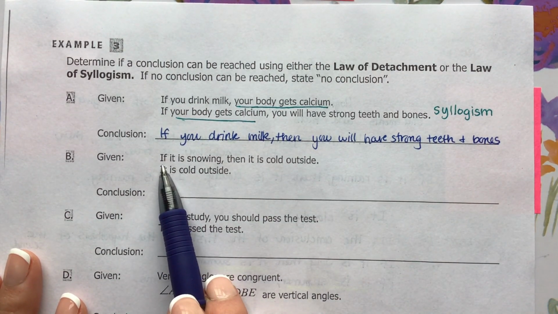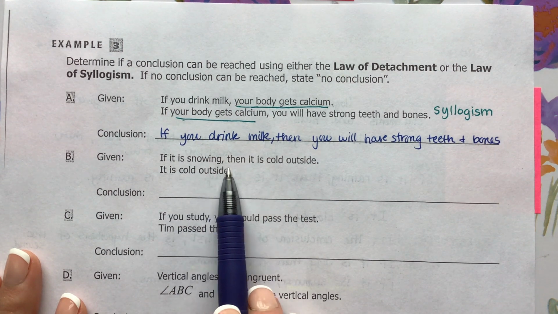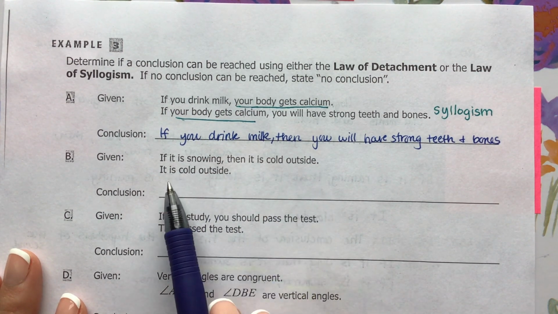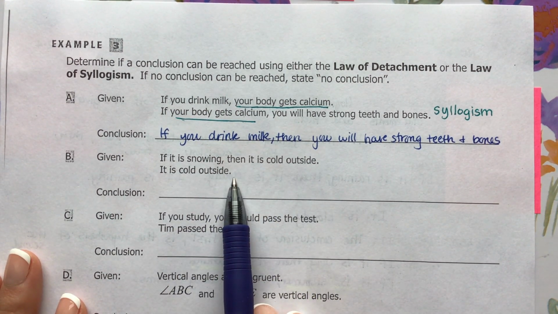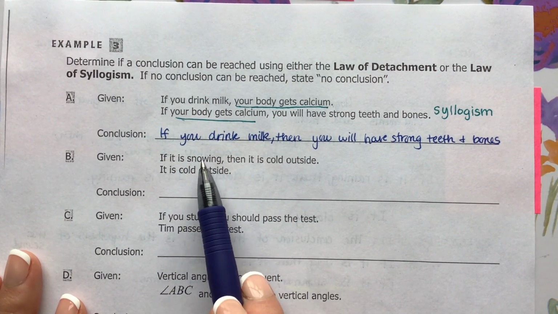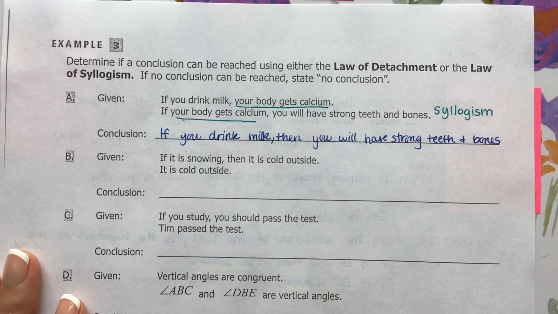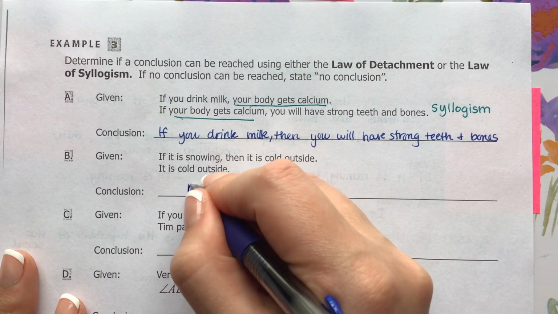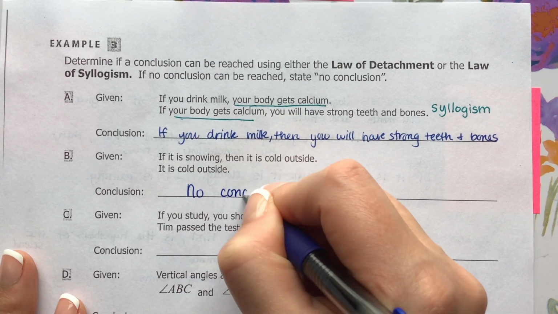Next, for example B, it says, if it is snowing, then it is cold outside. It is cold outside. Because "it is cold outside" is not the hypothesis of the other statement, we cannot conclude anything. So we are going to say no conclusion.